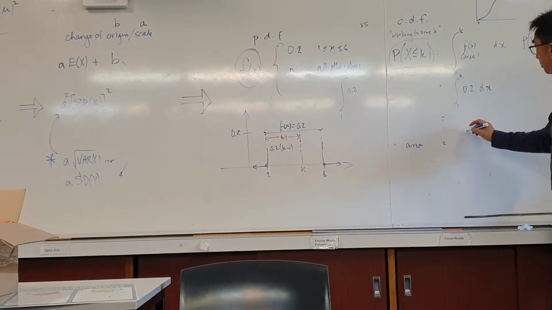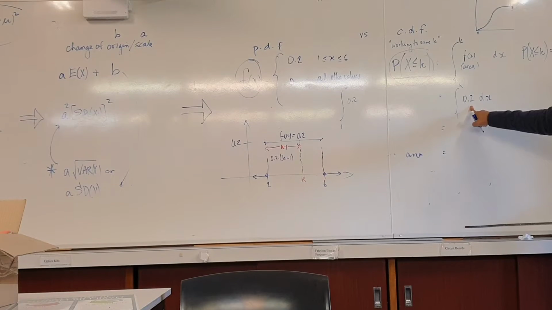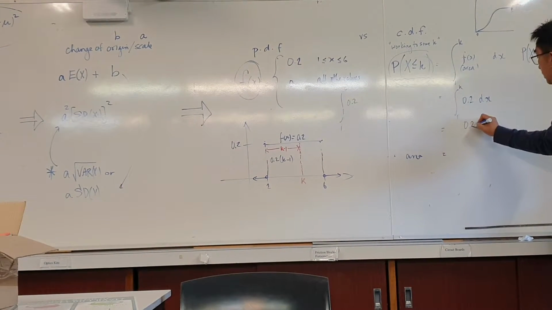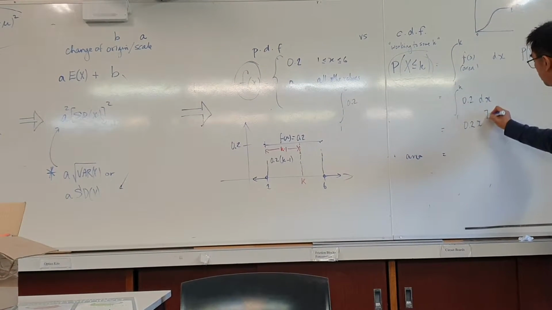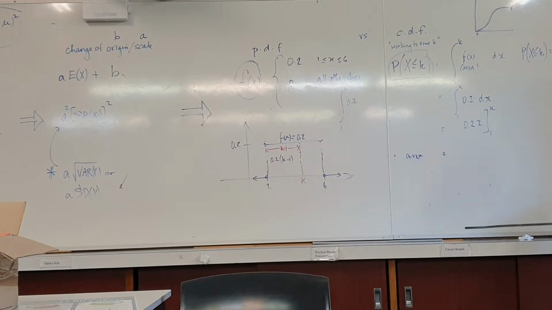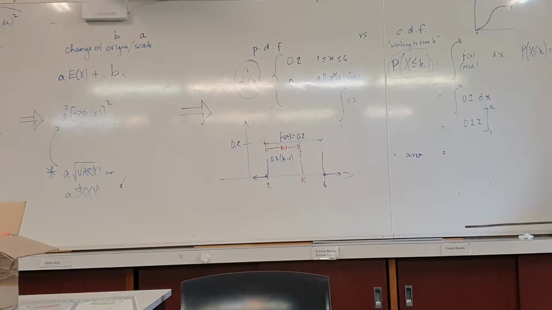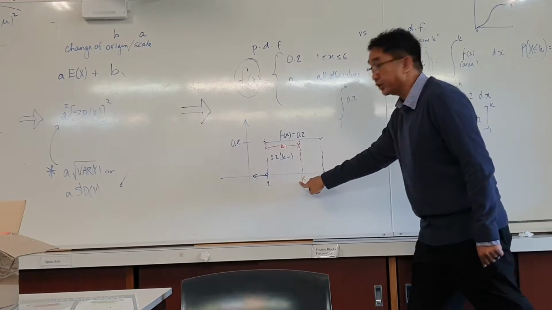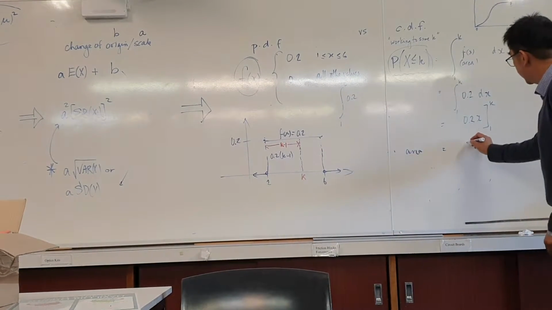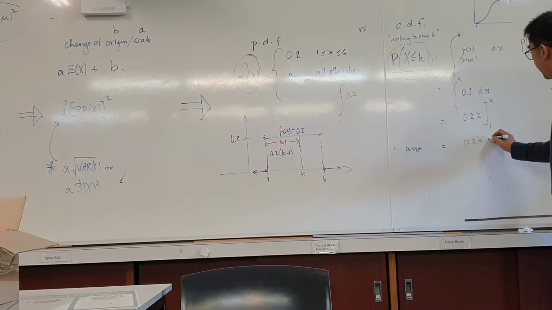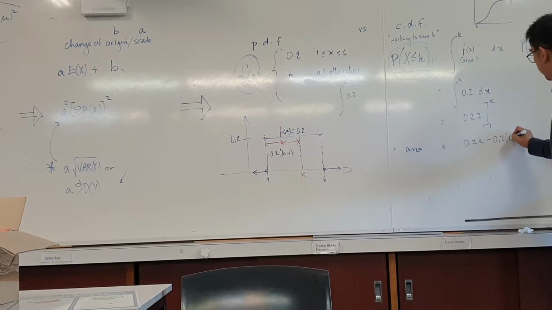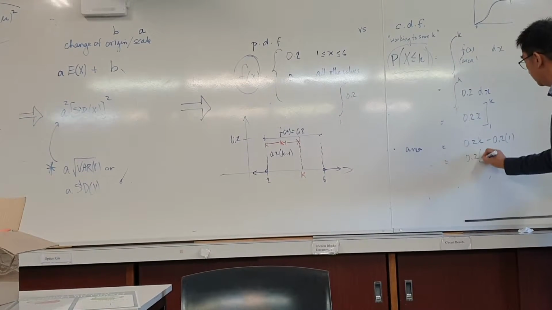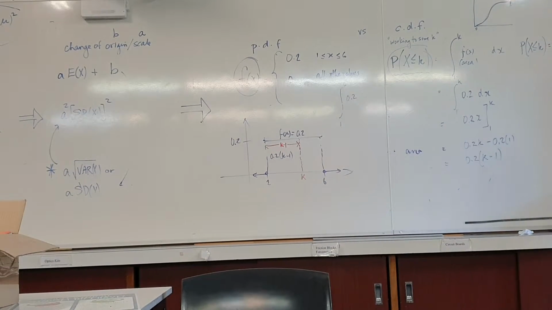And then, what is the integration of 0.2? 0.2x. 0.2x from 1 to k. Yes? Which means the area from 1 to something there would be 0.2k minus 0.2 times 1, which is 0.2k take 1.